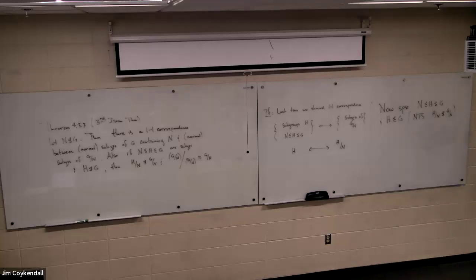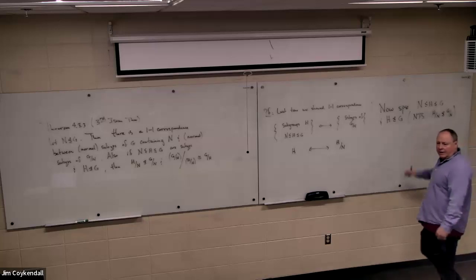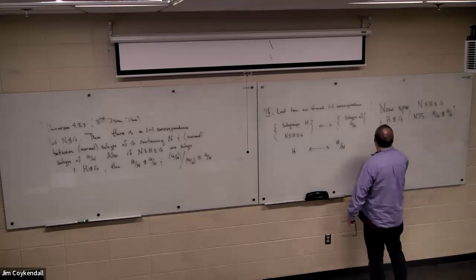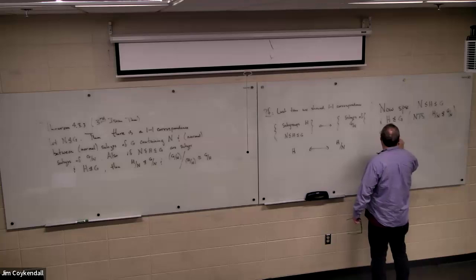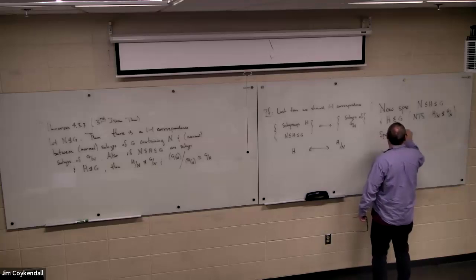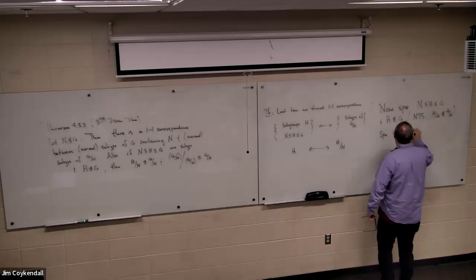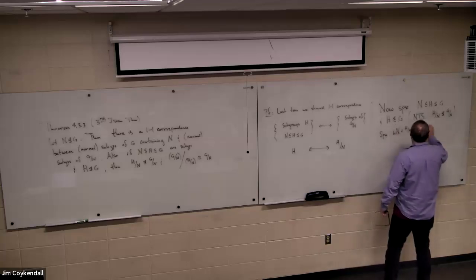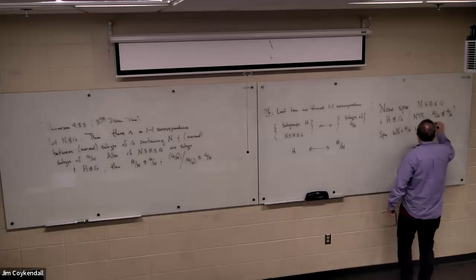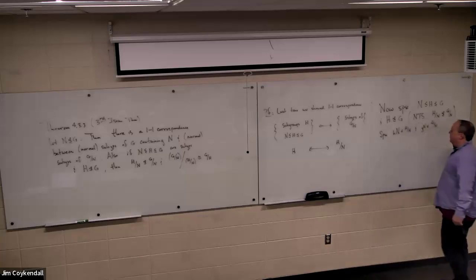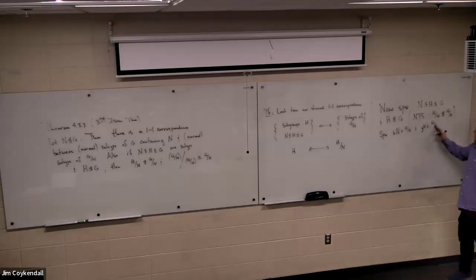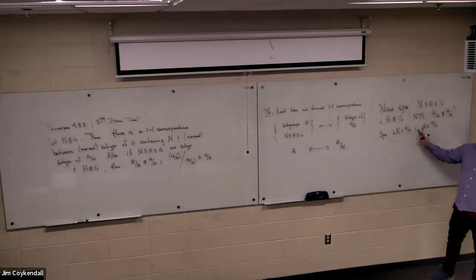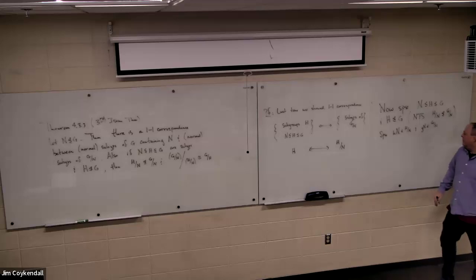That's our main goal here. So to this end, let's suppose little hN is in H mod N and gN is in G mod N.